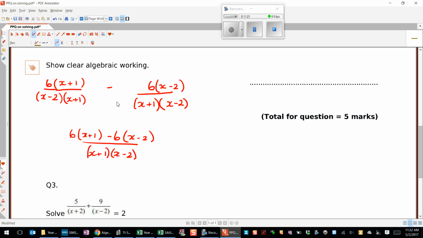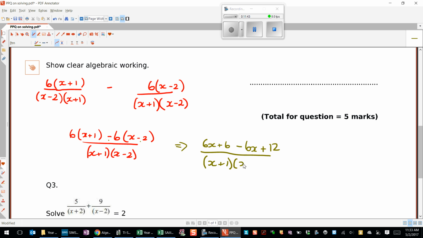So what does that lead us to? So expand those brackets for me. 6x plus 6 minus 6x plus 12. Good. That's the tricky bit. The negative times a negative. I'm glad you spotted that. We've still got the fraction.